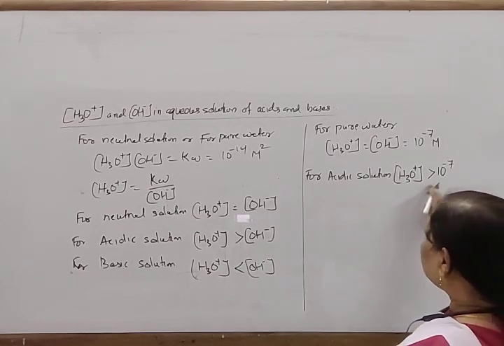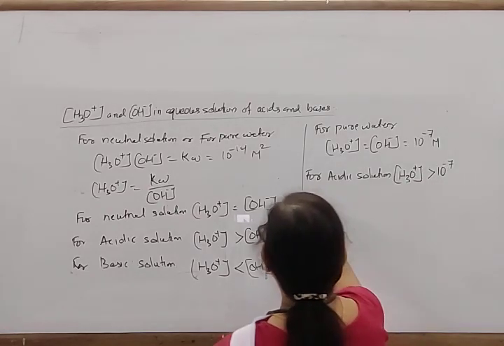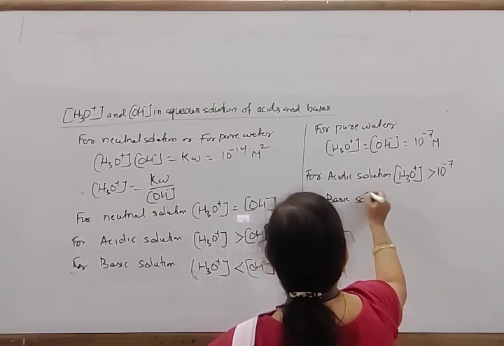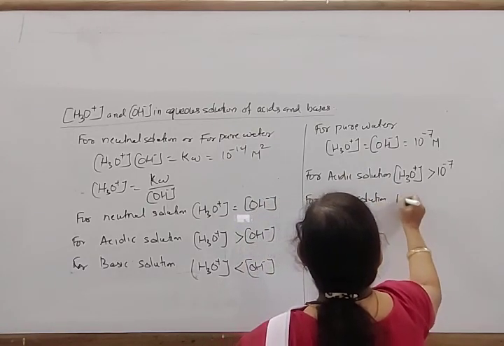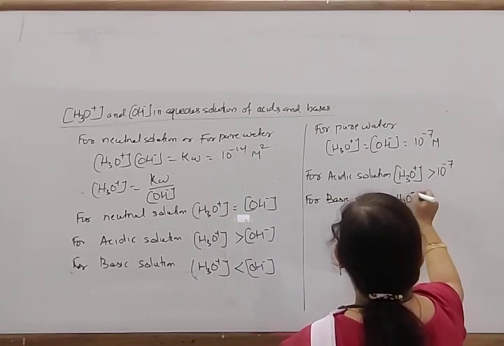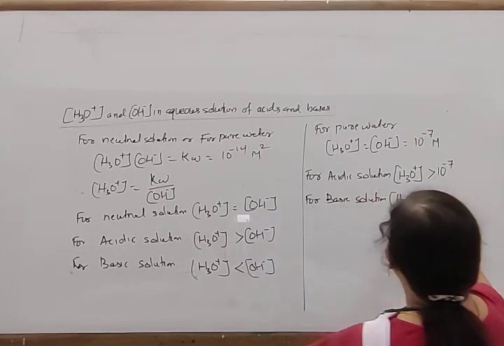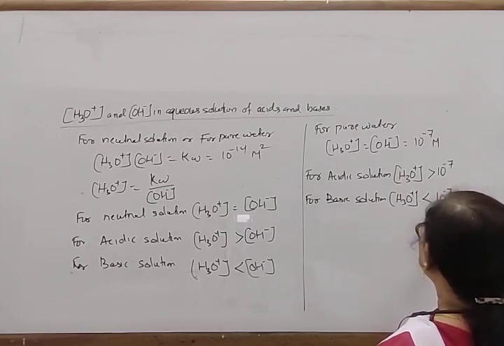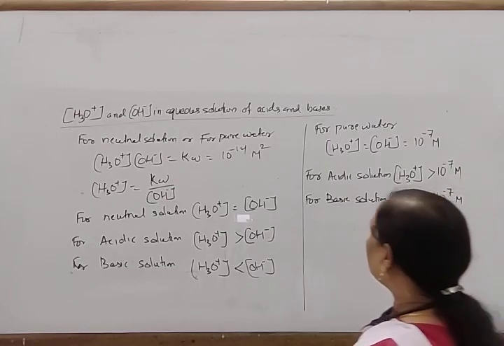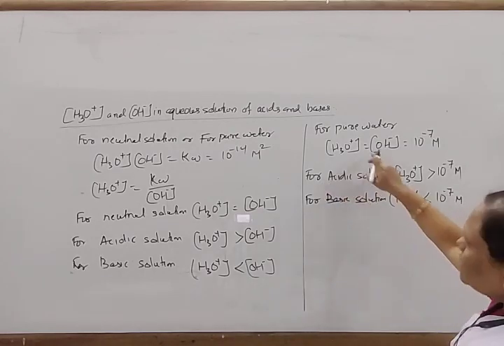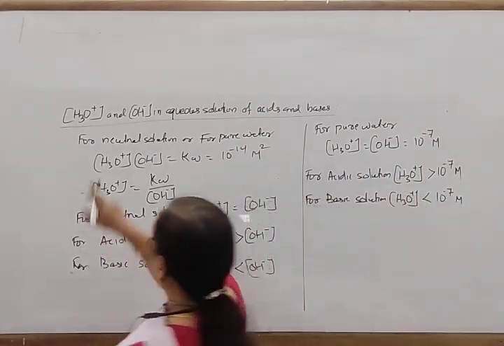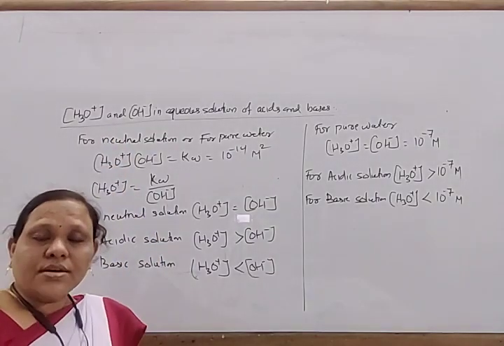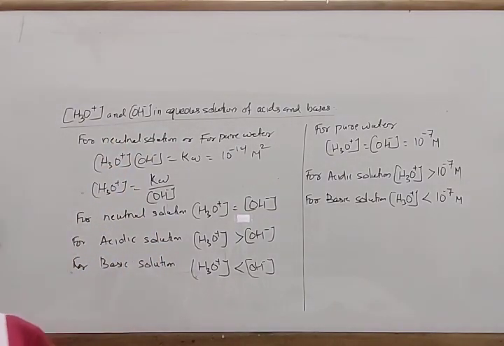And for a basic solution, the H3O+ ion concentration is less than 10 to the power minus 7 M. So these are some relations of hydronium ion and hydroxyl ion concentration in aqueous solution.